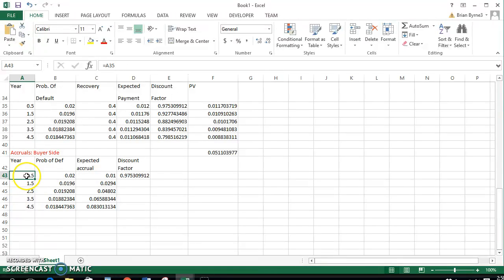We assume that default occurs halfway during the year, so it won't occur at the beginning or the end, but actually occurs in the middle of the year, in the middle of the fourth year, middle of the third year, and so on.